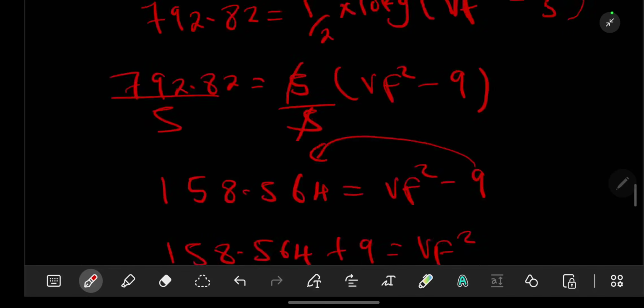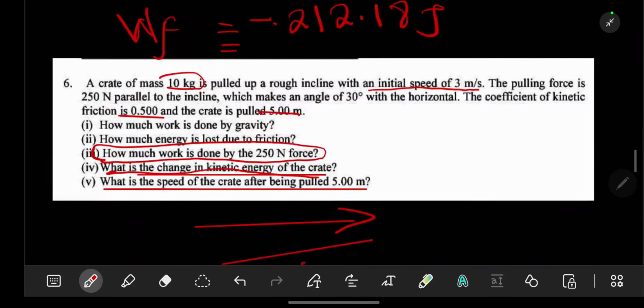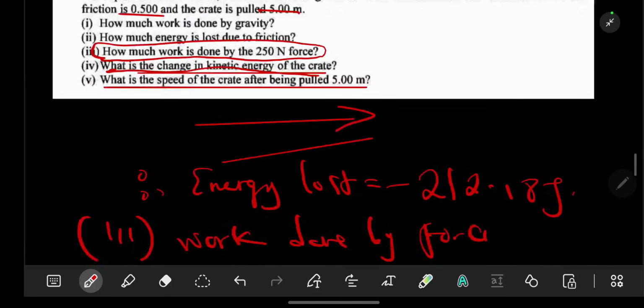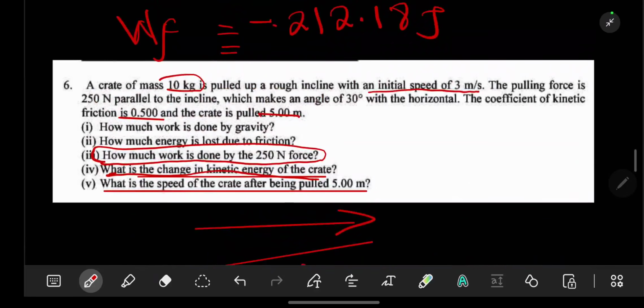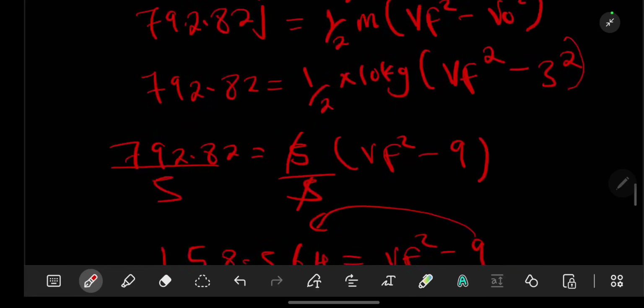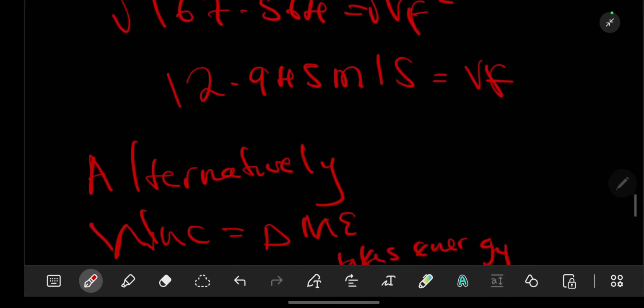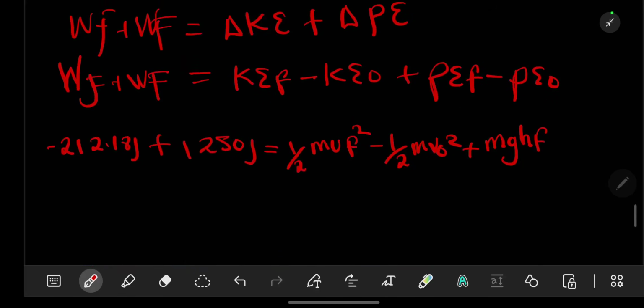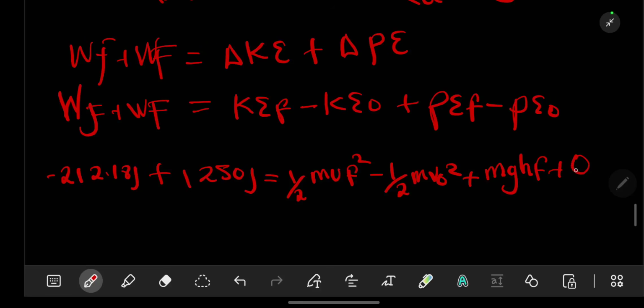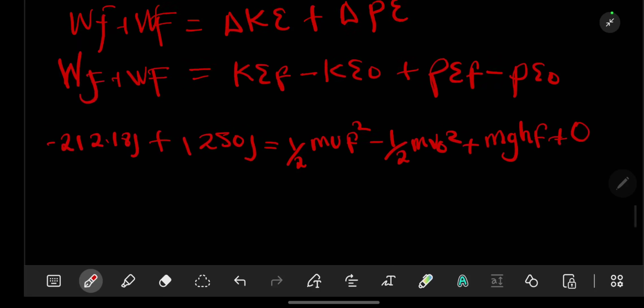Now remember, this object started so it was moving up, so its initial potential energy at the bottom where the height is 0 is equal to 0. So we are going to put our initial potential energy to be 0, because remember, it's mgh, but if h is 0, that means the potential energy is 0.